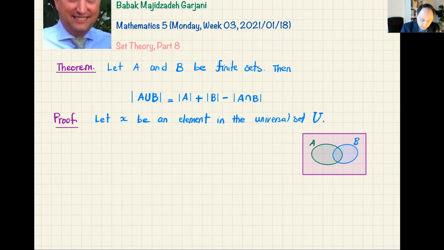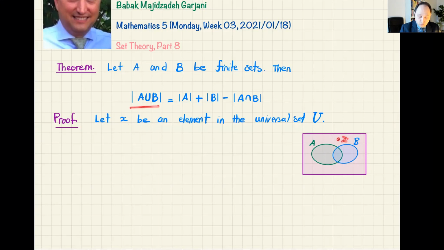Okay, so if X, I want to talk about this orally because it takes a long time if I want to write it, okay? And this is very simple. If X is here, how many times is it counted in the union?